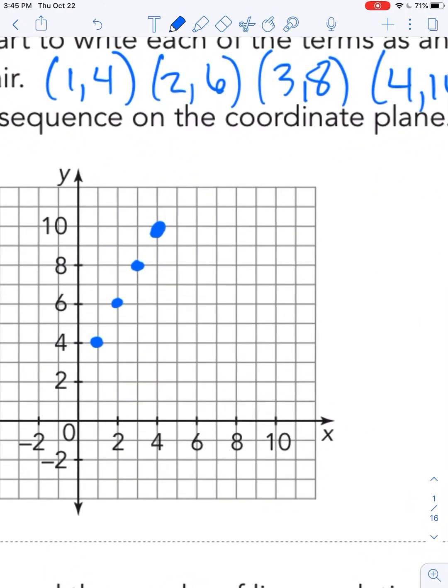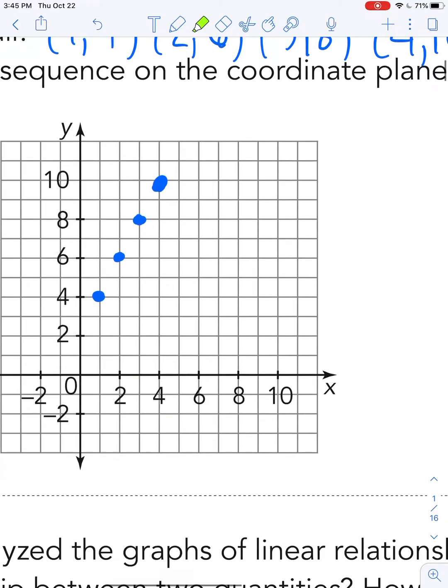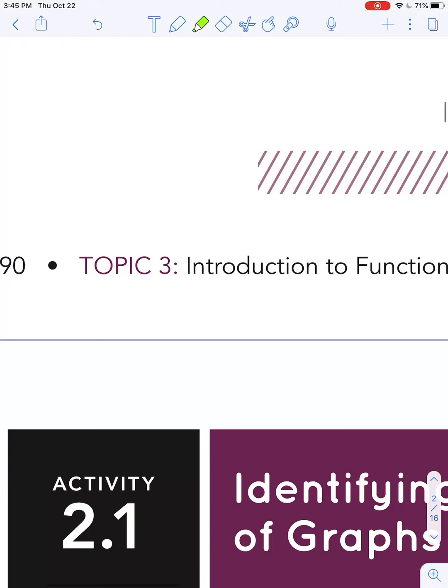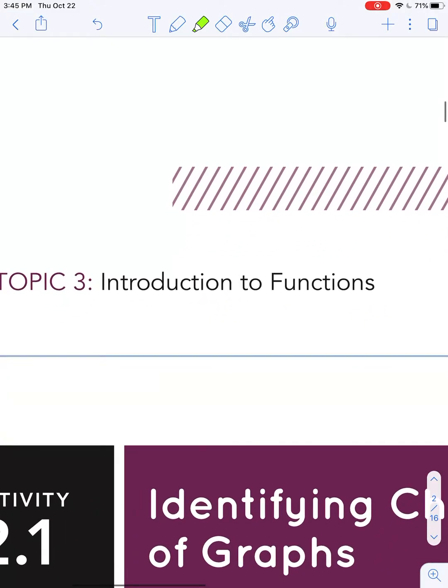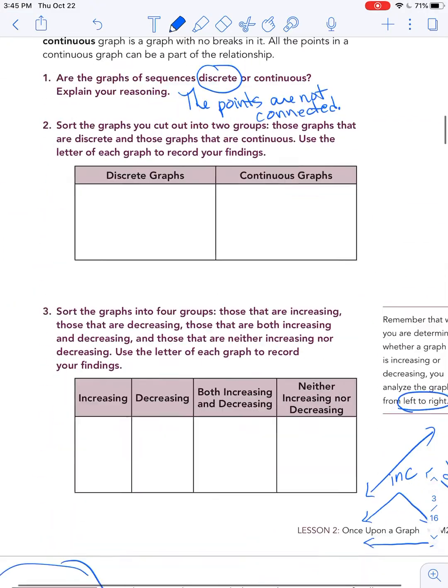If I was to connect those points like so, they would all of a sudden be linear. It would make a line. So it's called collinear when they would make a line. Sorry, this is being silly.